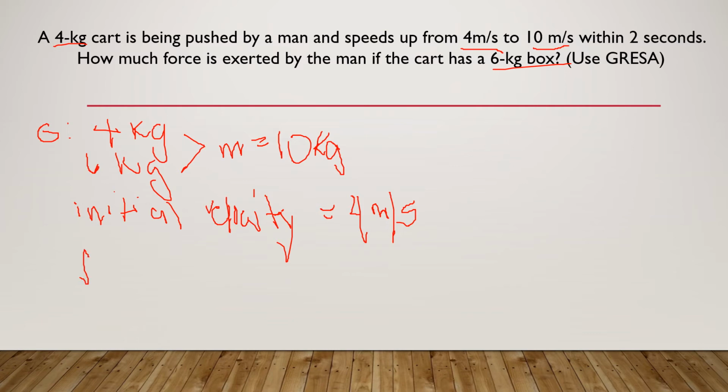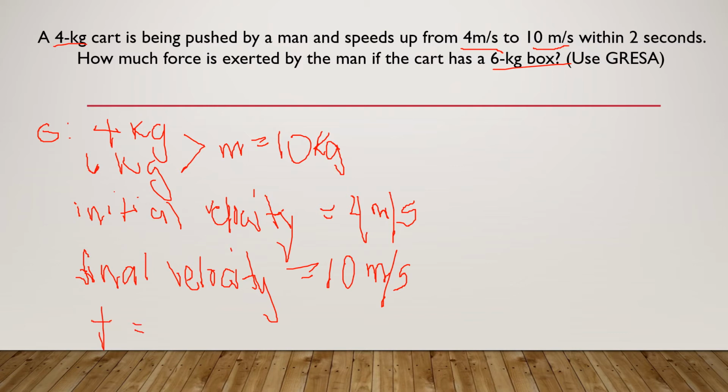Next, we have final velocity. So from 4 meter per second, the cart speeds up to 10 meter per second, right? And then the time is equivalent to 2 seconds. And you will just write seconds.